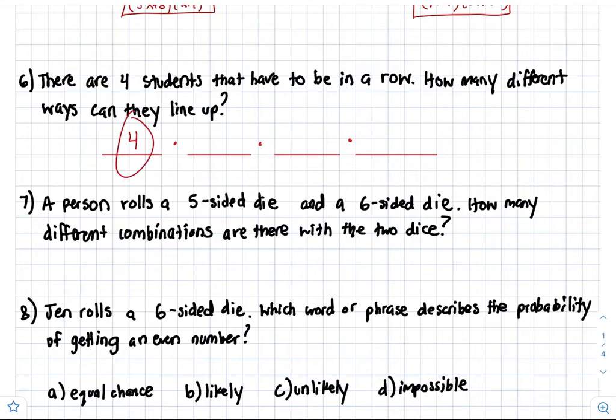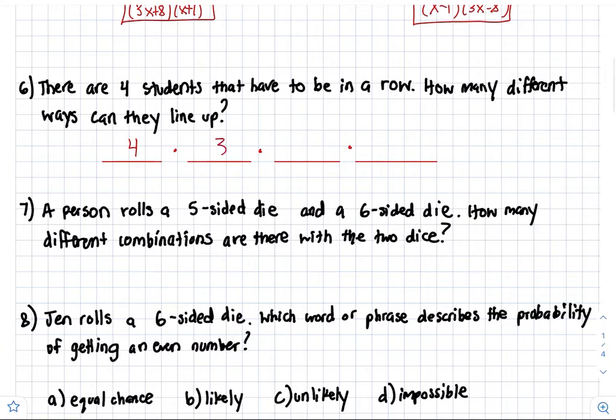Now, if someone's already standing there, how many possible students can be standing here? 3, because 1's already here. If someone's already occupying here and here, then there's only 2 that can occupy there and 1 there. 4 times 3 times 2 will give you all the different ways, which is going to be 24.